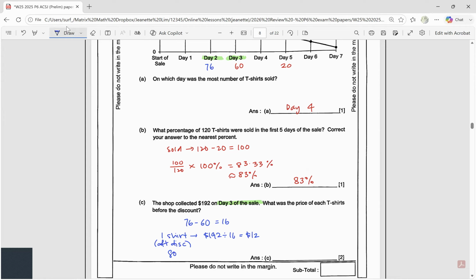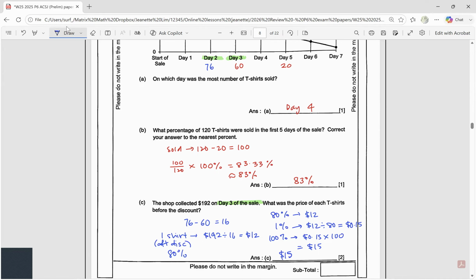Which is 80%. So if 80% is $12, 1% would be 15 cents. Then the original price of one shirt, which is 100%, you times 100, you get $15.